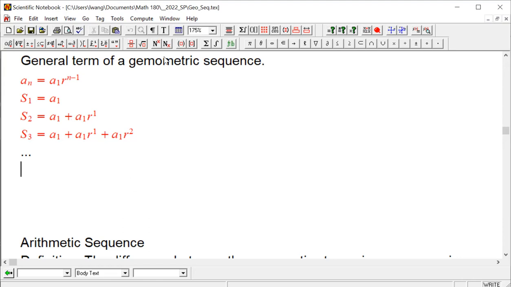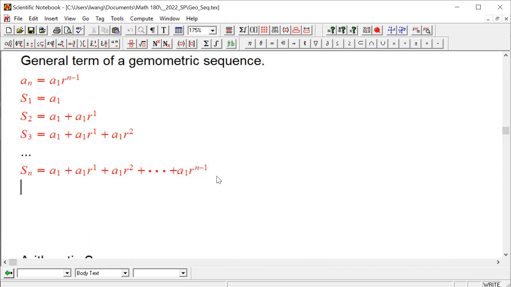So S sub n equals a sub 1, then a2, a3, we keep adding, and we add a sub 1 r raised to the power of n minus 1, which is the nth term. So S sub n is the first term, adding second term, third term, up to the last term, the nth term.